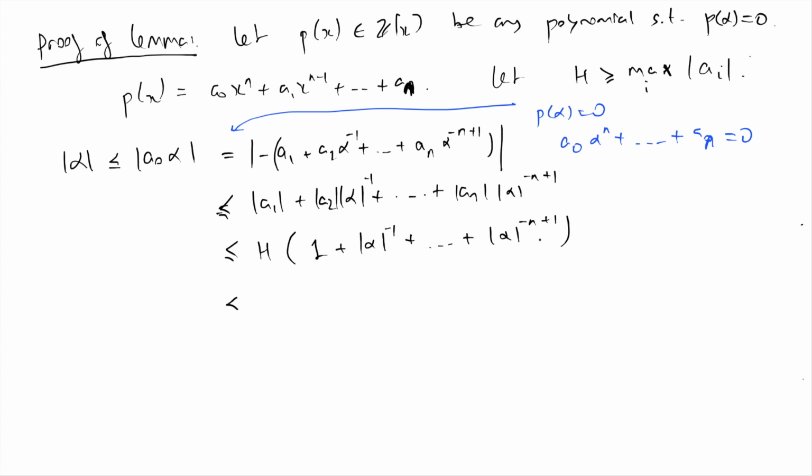I'm just going to sum up to infinity. I'm assuming alpha was non-zero, which was one of the hypotheses in the lemma. So this is up to infinity now, and this is just h divided by 1 minus alpha^(-1). Well, I just multiply the left-hand side by 1 minus alpha inverse to find the following inequality.